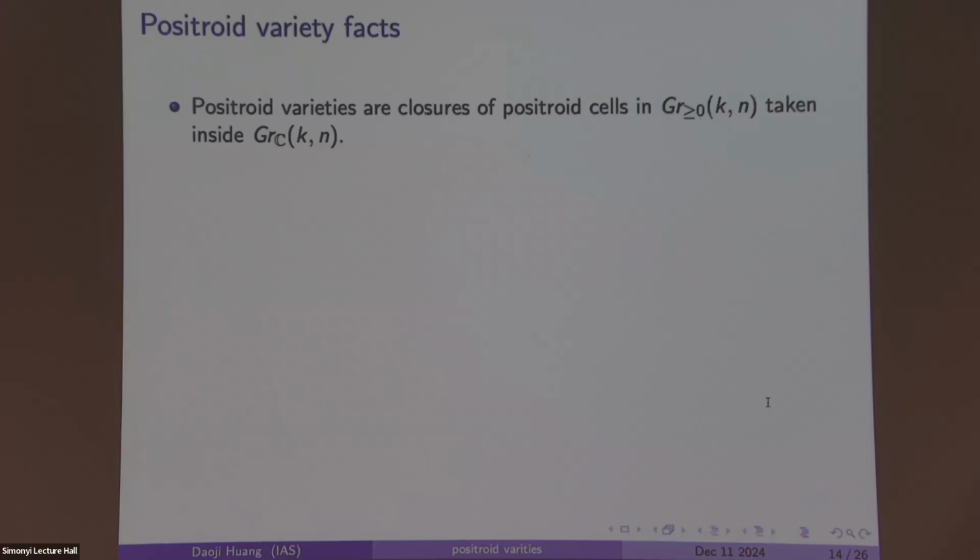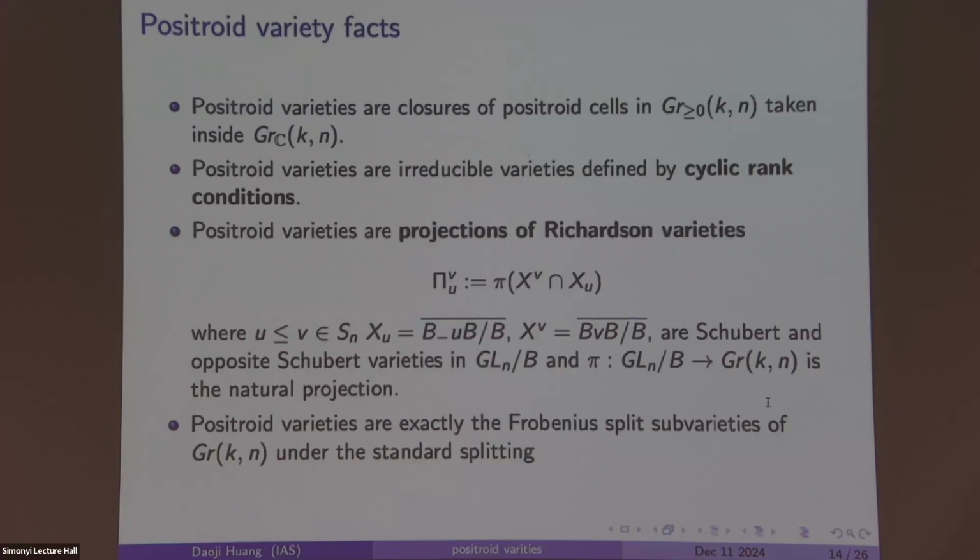By the way, most of these, maybe all of these things that will appear on the slides, are due to Knutson, Lam, and Speyer in their first positroid paper. And one really important feature for me today is going to be that they are irreducible varieties defined by cyclic rank conditions. So closure is Zariski closure. Yeah, closure is Zariski closure.